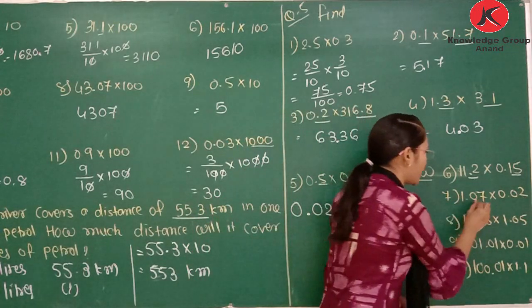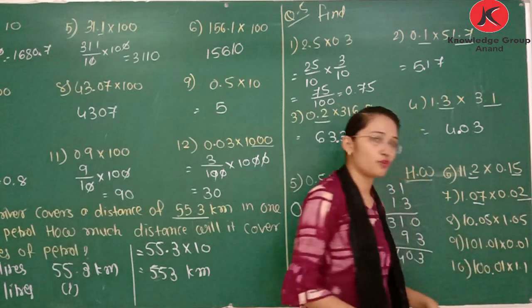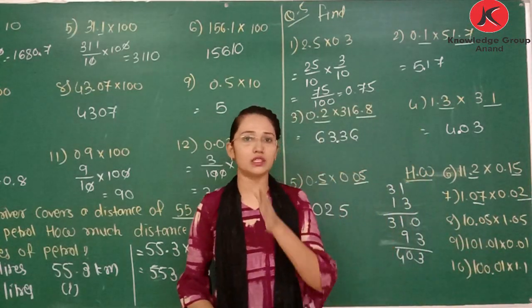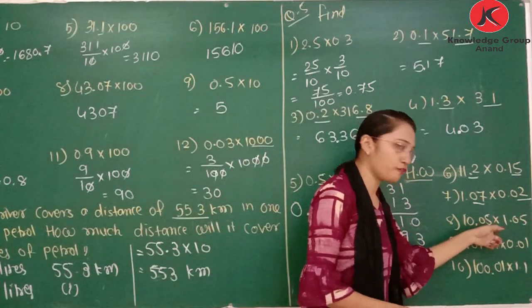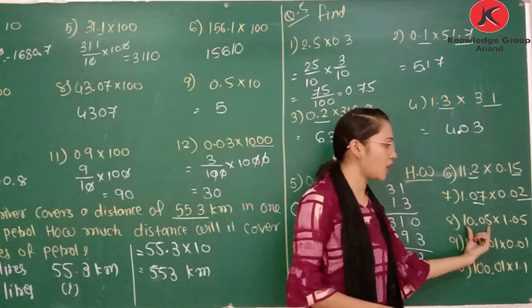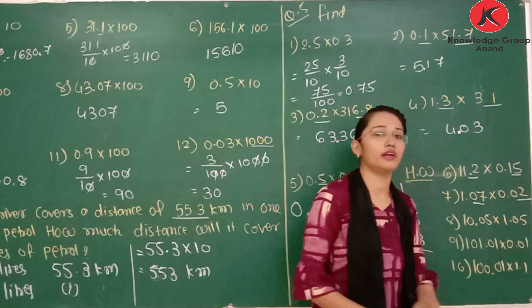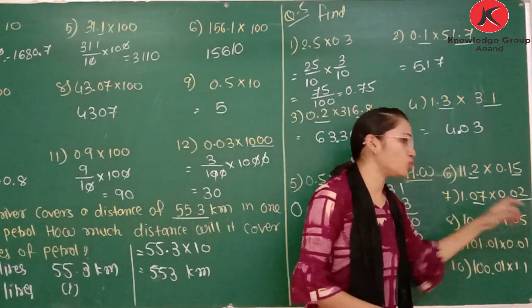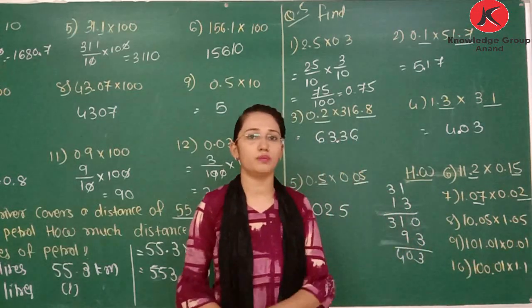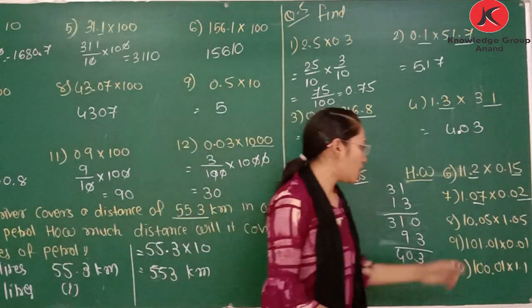Count the total: 4, 2 and 2, that is 4, means from the right side, after 4 digits put the point. Here 1005, what do we multiply? 1005 multiply 105. In whatever answer comes, total 2 and 2, 4, means put the point after 4 digits from the back.